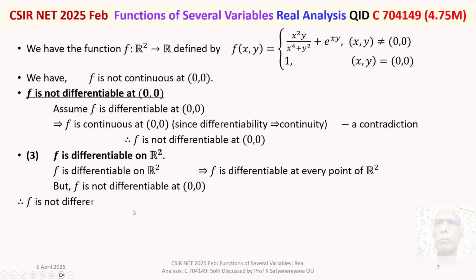Therefore, f is not differentiable on R square. Right. Thus, option 3 is not true. In option 3, it is given f is differentiable on R square, but we got it is not differentiable on whole of R square. Right. Option 3 is not true. We continue in the next slide.